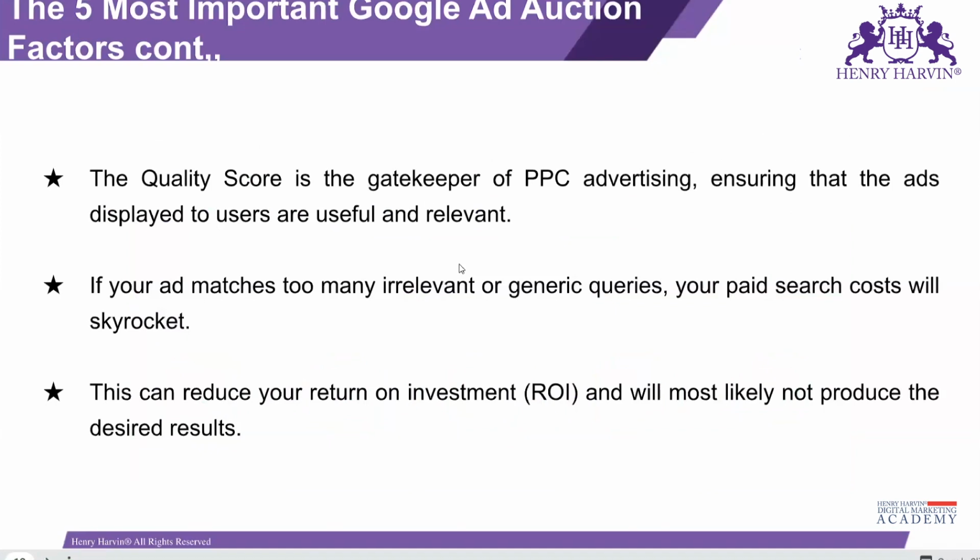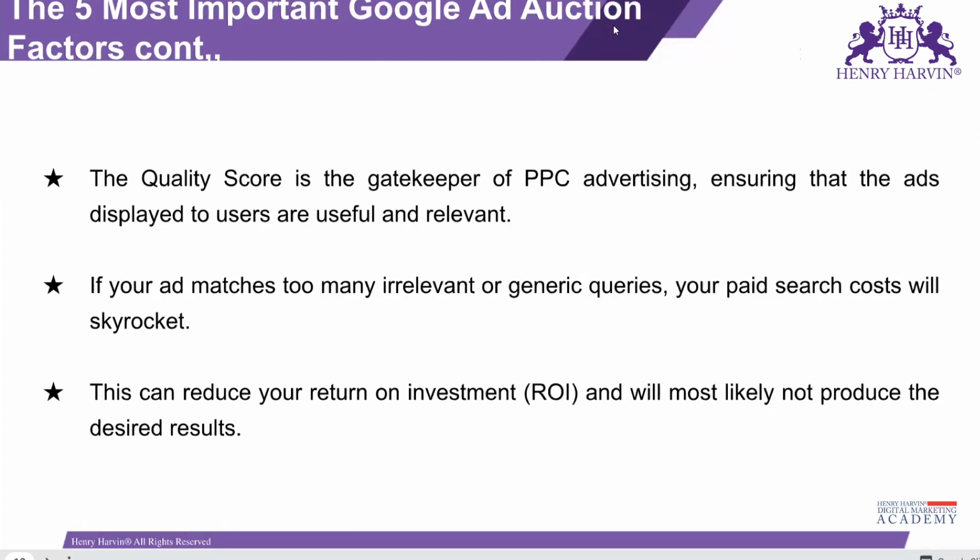So what is the quality score? Quality score is the gatekeeper of your PPC advertising, and it is one of the most important factors responsible for showing your ad on top of the search results. If your ad matches too many irrelevant and generic queries, your paid search cost will skyrocket because you get impressions and clicks from people who don't intend to buy your thing, because they are looking for something else.